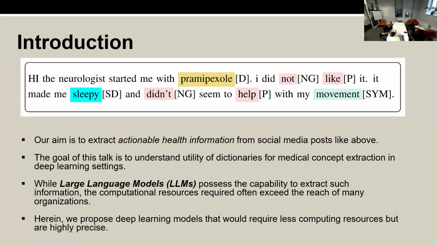Such large-scale systems are not applicable to big organizations like the NHS, which is very important. So I think this kind of research is still relevant. We propose a deep learning model that requires less computing resource but is highly precise.